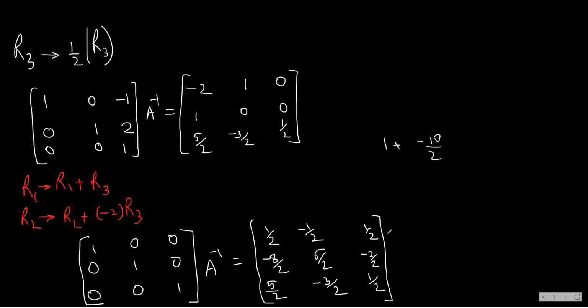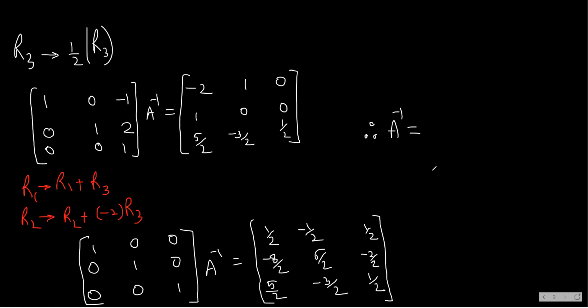Okay. So what's the final answer? See here. This is identity matrix. Identity matrix into A inverse is A inverse. So I will get the final answer as, therefore, A inverse is.